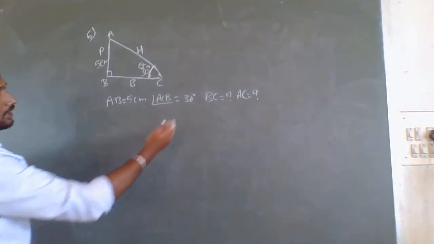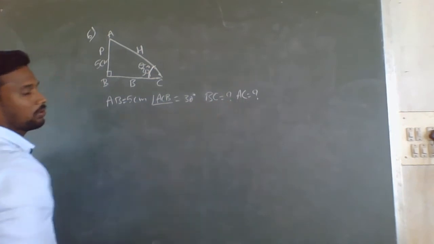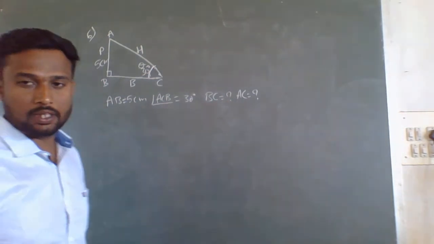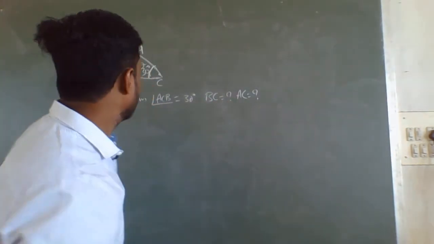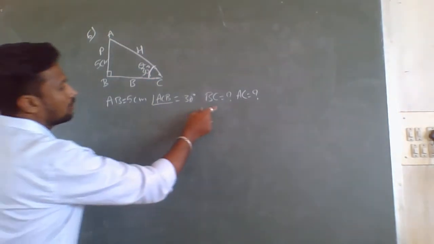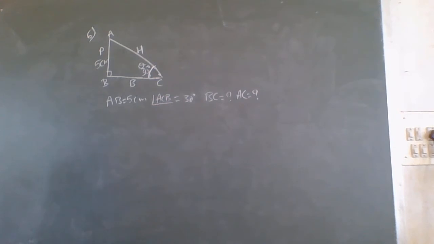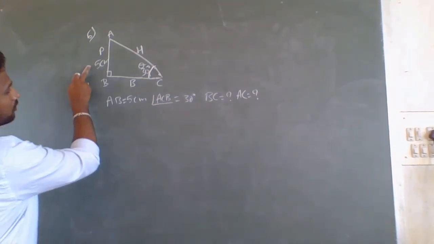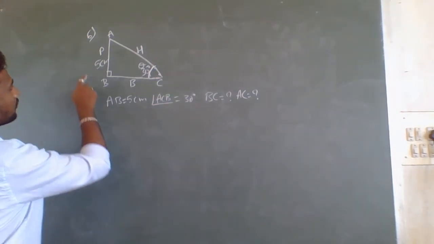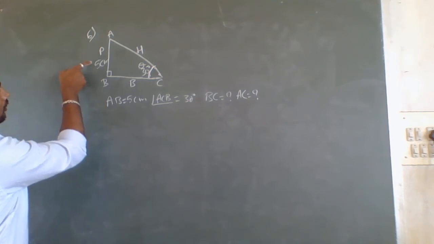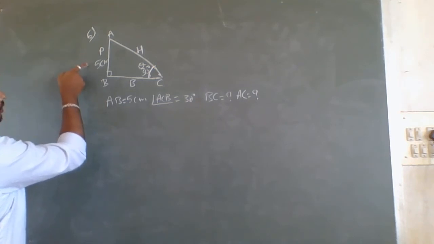So to calculate the length of these two sides, what will we do? We will consider trigonometric ratios involving sides BC and AC. You can check here. First I will consider this. Here they have given 5 centimeter.